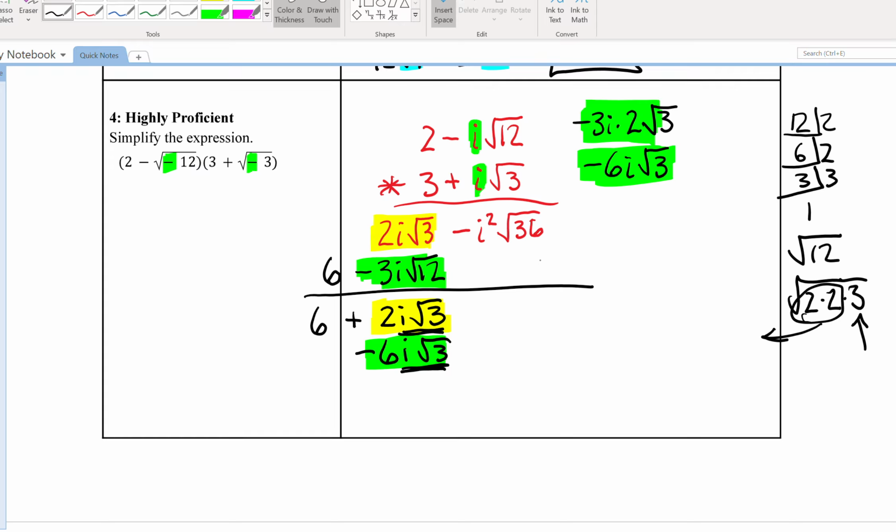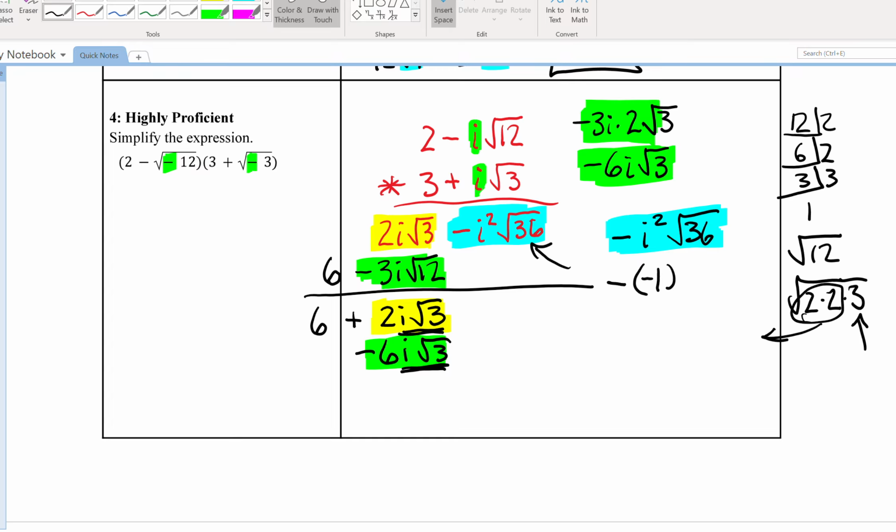And then this square root of 36, if I've got minus i squared and the square root of 36, so let's use blue. This term right here, I'm going to go over right here. So I've got minus, and then i squared. Well, i squared is the same as negative 1.